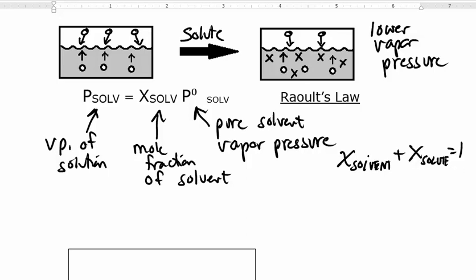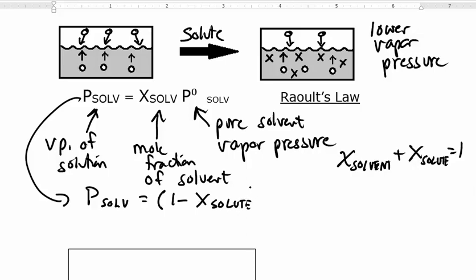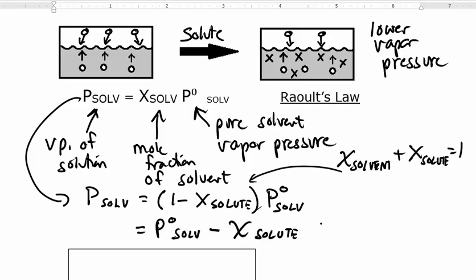Then that lets us substitute into the original equation for P solvent. We can say that the mole fraction of the solvent is 1 minus the mole fraction of the solute, using the expression there. Then it's times the pure vapor pressure from above of the solvent. Then we can distribute that P pure solvent, and we can get a new expression. We can say P solvent equals P pure solvent minus mole fraction of solute times pure vapor pressure of the solvent.